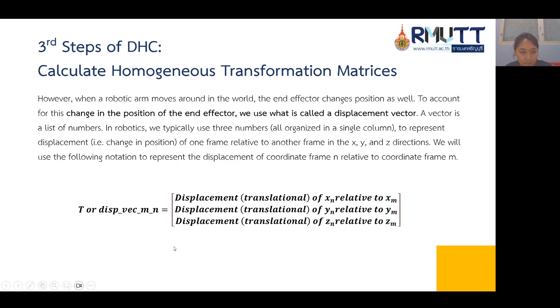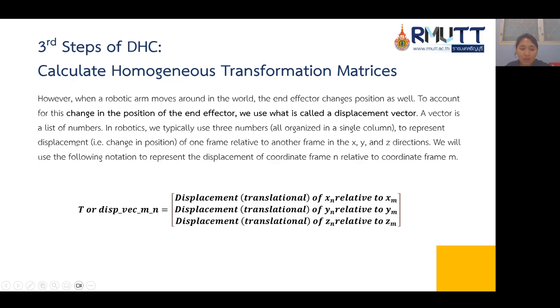And then, after determining the rotation matrix, when a robotic arm moves around in the world, the end effector changes position as well. To account for this change in the position of the end effector, we use what is called a displacement vector.